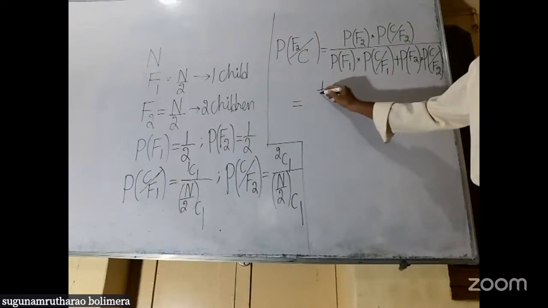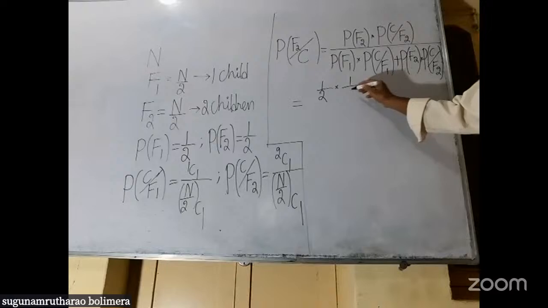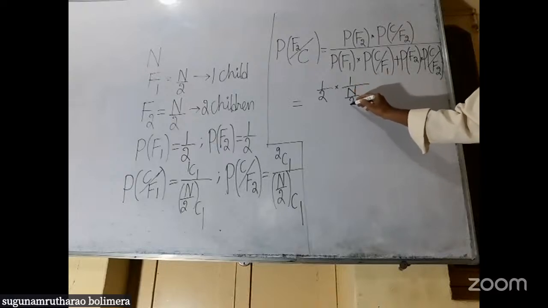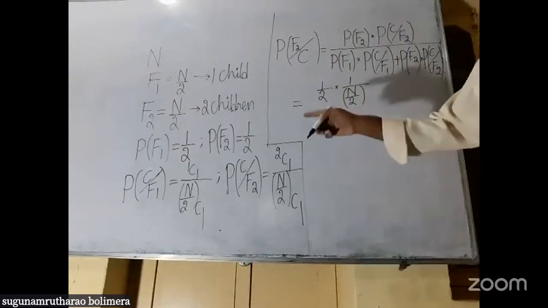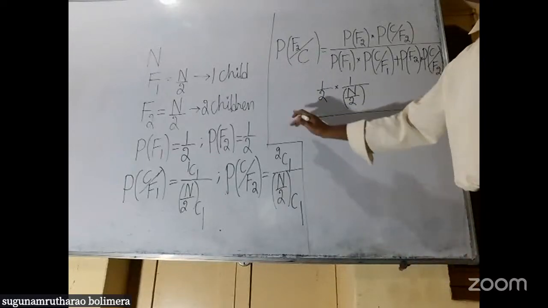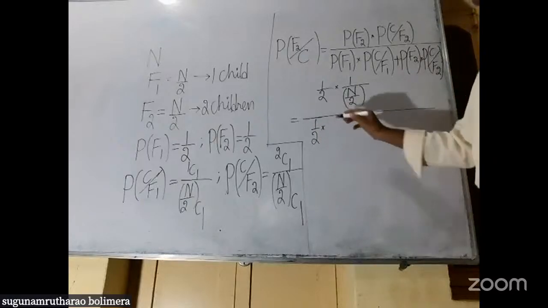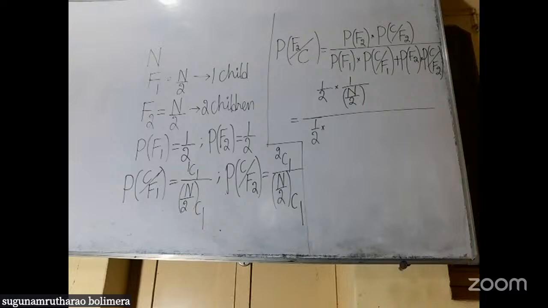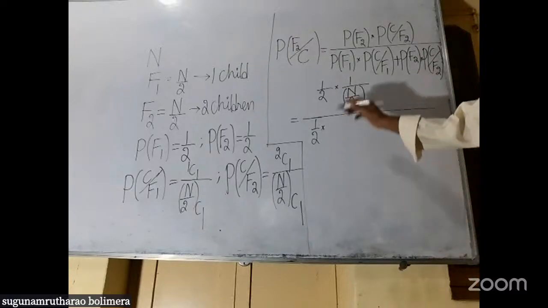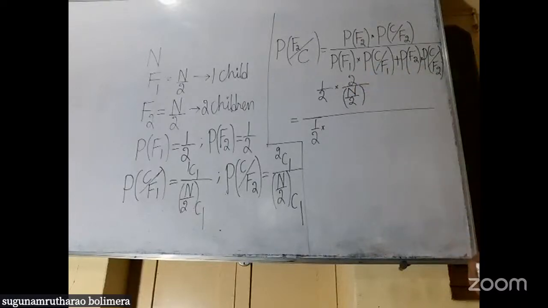P of F2 is 1 by 2. And the child from F1 is 1 by n by 2, since n by 2 C1 is n by 2. Divided by 1 by 2 into the child from F2. F2 means 2C1, so 2 by n by 2.